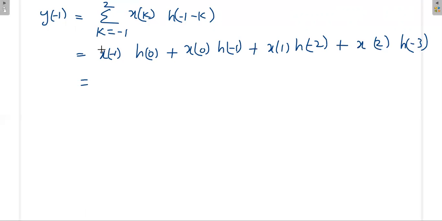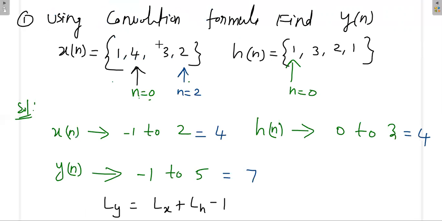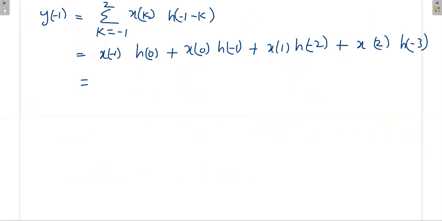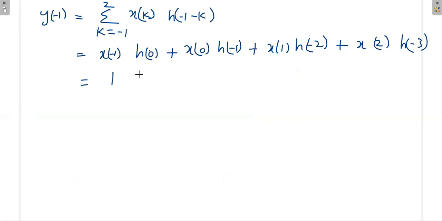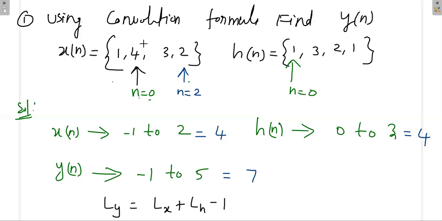Again, just observe the original signal. In the original signal, what is x of -1? At n equal to -1, the value is 1. What is h of 0? The value is again 1, so multiplied with 1. Plus, what is x of 0? Its value is 4.